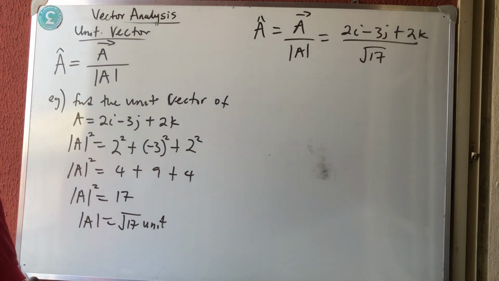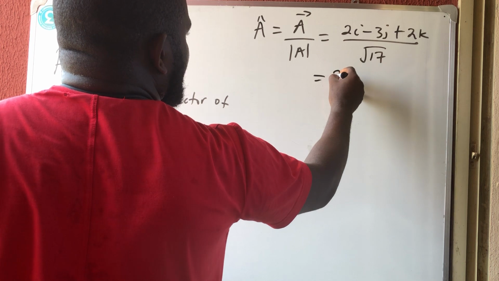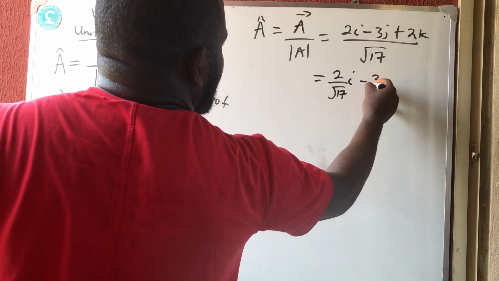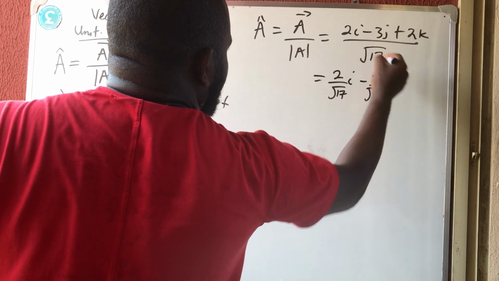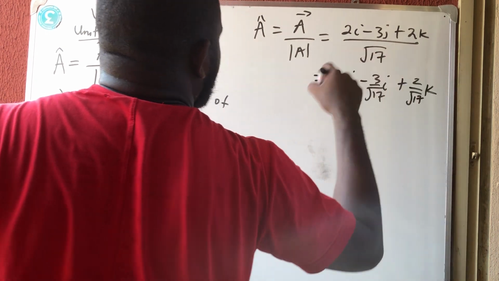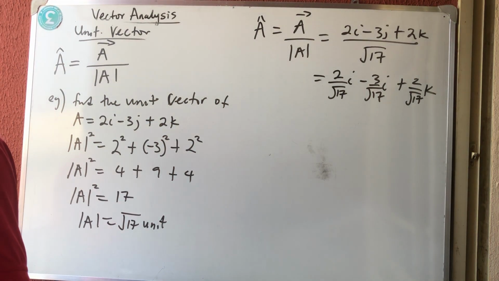Sometimes they will write it by sharing the root of 17 to everybody: 2 over the root of 17 i minus 3 over the root of 17 j plus 2 over the root of 17 k. Sometimes they will put it in this form. That is the unit vector of a vector.